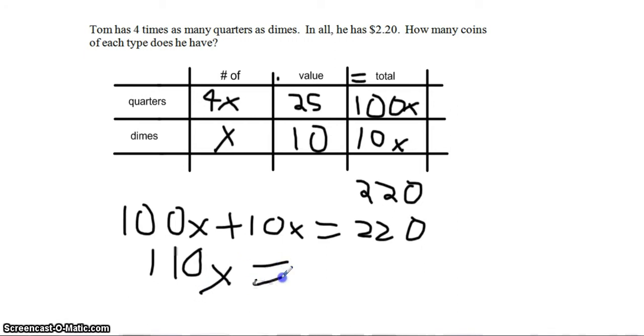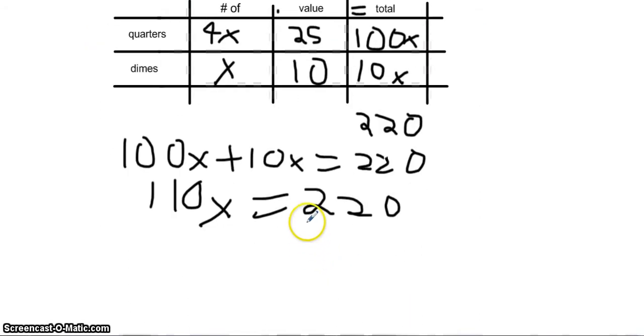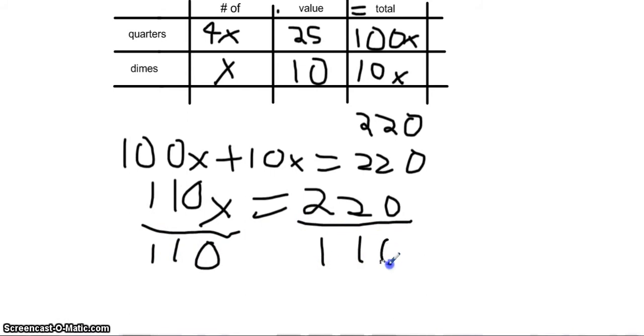And that's equal to, still, 220. So next, we're going to divide by 110 on both sides. And x is equal to what? X is equal to 2. Why? Because 220 divided by 110 is 2.